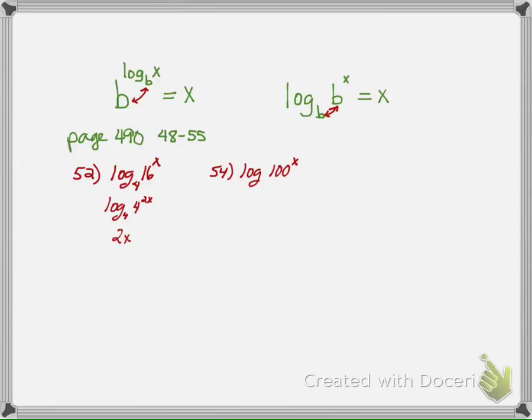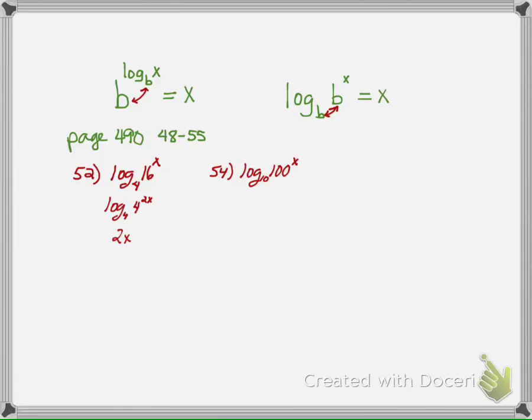No? The base is 10. This is what we call the common log. It's so common that they do not bother to even write in what that base is. And that's what your calculators use. If you look at your log button on your calculator, they don't bother to put in a base, do they? They say log. It's the common log. It's understood that that is a log with base 10.